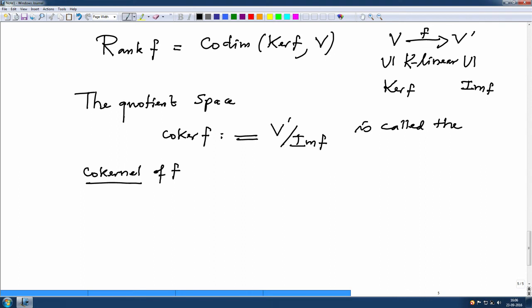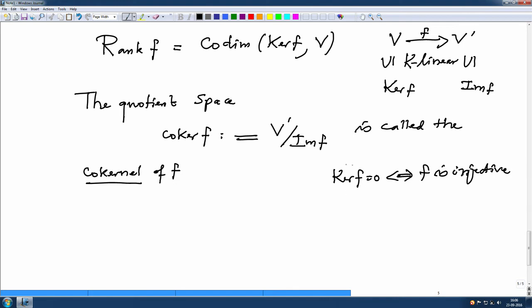So, this measures how far f is from surjective. If you remember, this kernel measures the injectivity of f. Kernel f is 0 if and only if f is injective. This we have seen earlier.